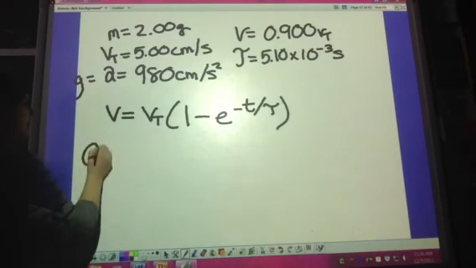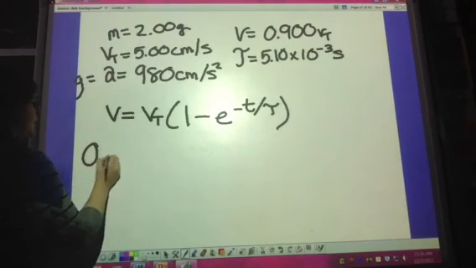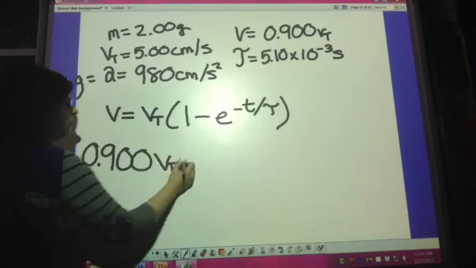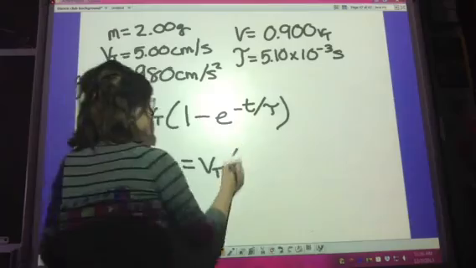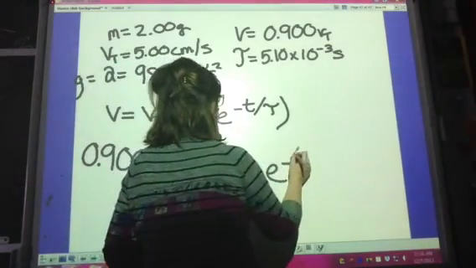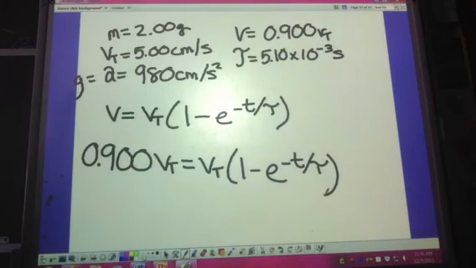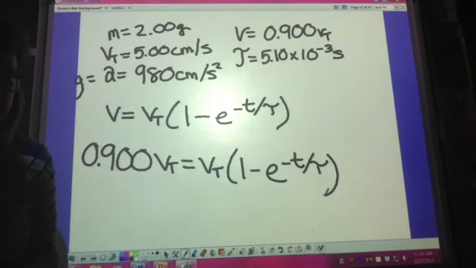So I could plug that in here. Let's do that. 0.900 Vt equals Vt times 1 minus e to the negative t over tau. So I could start setting it up this way. If I'm looking at this, I could cancel some things out here, right?